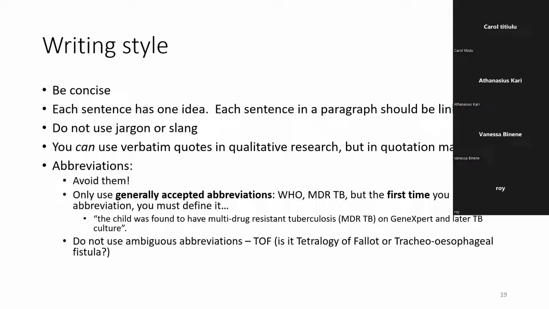Don't use jargon or slang. The way we talk is not the way we write, and it is important that you try to remove slang or jargon, and write in a more precise way, I would say. However, you can use verbatim quotes if you're doing qualitative research.